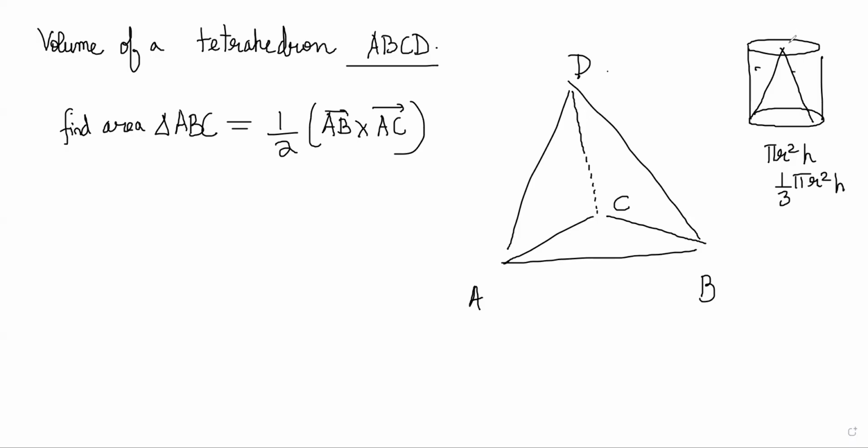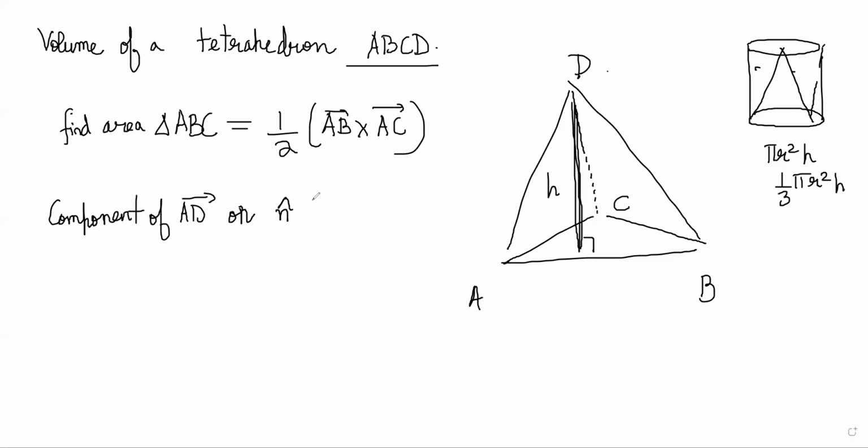Because there are three possible cones that can be fit into the same cylinder. Just like this here, what I want to find out first is the height h. So the component of AD vector along the normal to the plane of ABC, right?